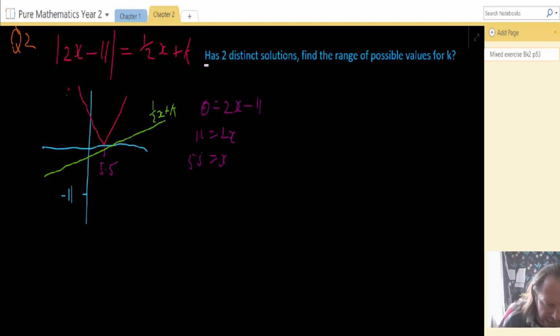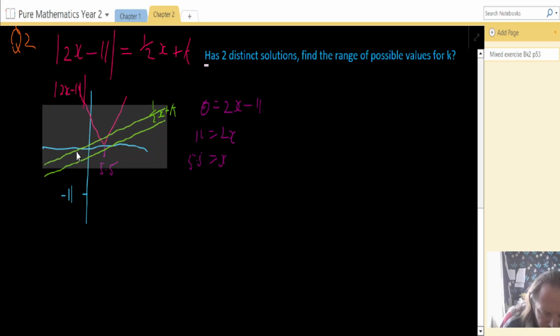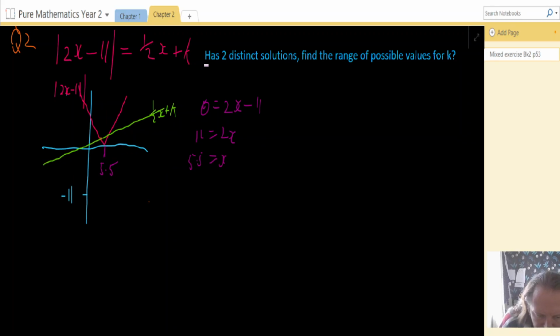Now clearly, at the moment, the way I've drawn it, it doesn't have any solutions. But as the value for k increases, it will move up, and eventually you will get those 2 points where it crosses.